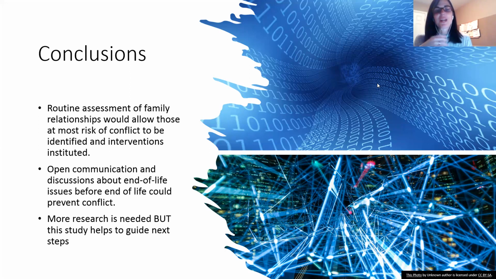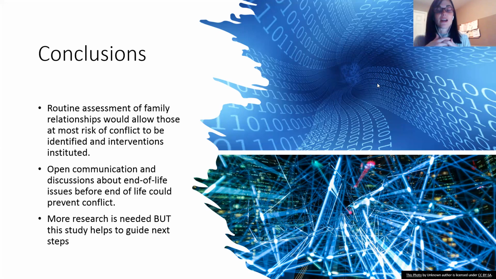They also concluded that open communication and discussions about end of life could prevent conflict if they were had before the end of life. Now, I feel like I'm telling you all something that you all agree with. How many of us haven't seen that, where if you had more open communication about what was coming up, about moving towards end of life before the last moments of death, how much better that can be?